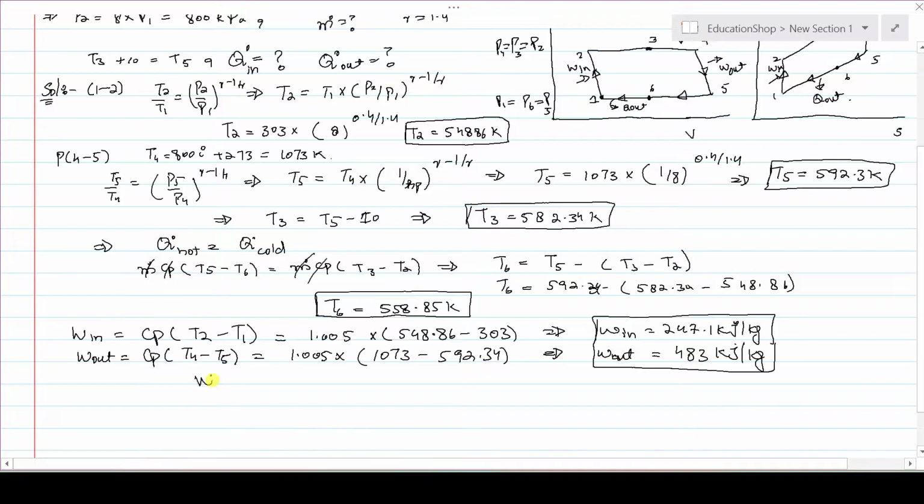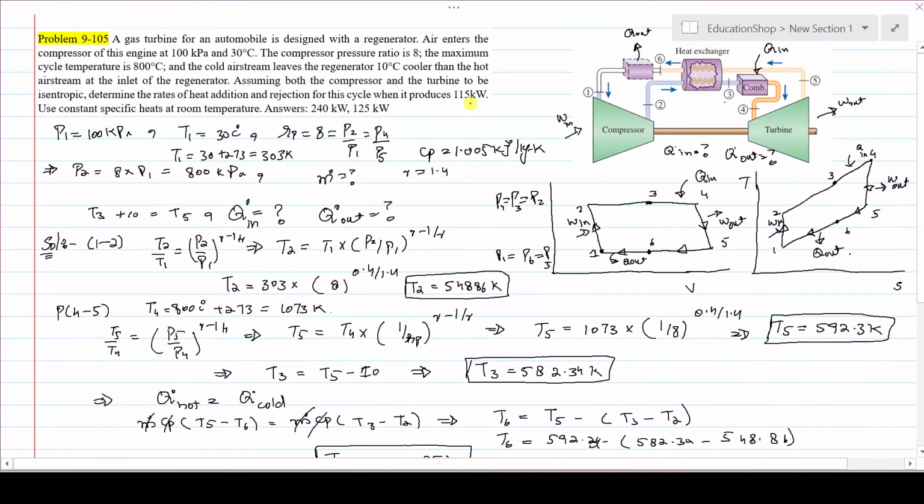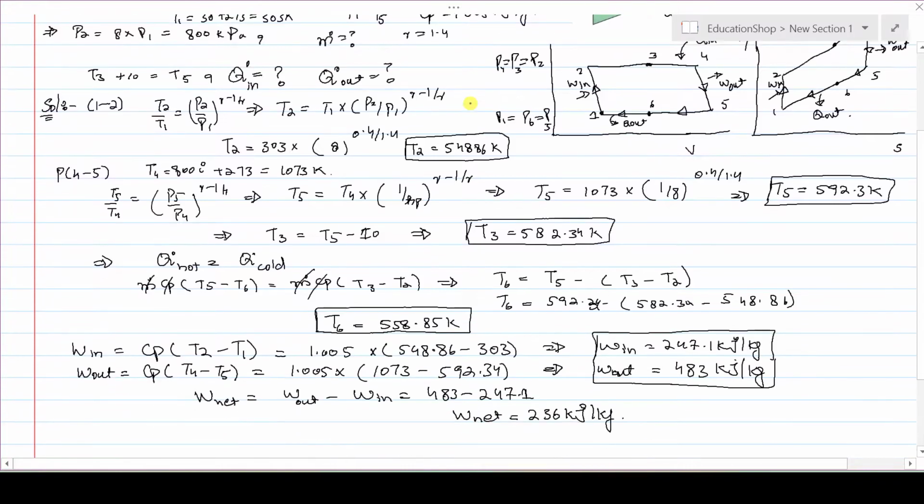per kg. Next is the net work out, that is equal to W out minus W in. 483 minus 247.1. When you subtract this, you will get the net work out of this cycle, that is 236 kilojoule per kg almost. Also in the statement, if you see here, the power produced is given, that is 115 kilowatt.